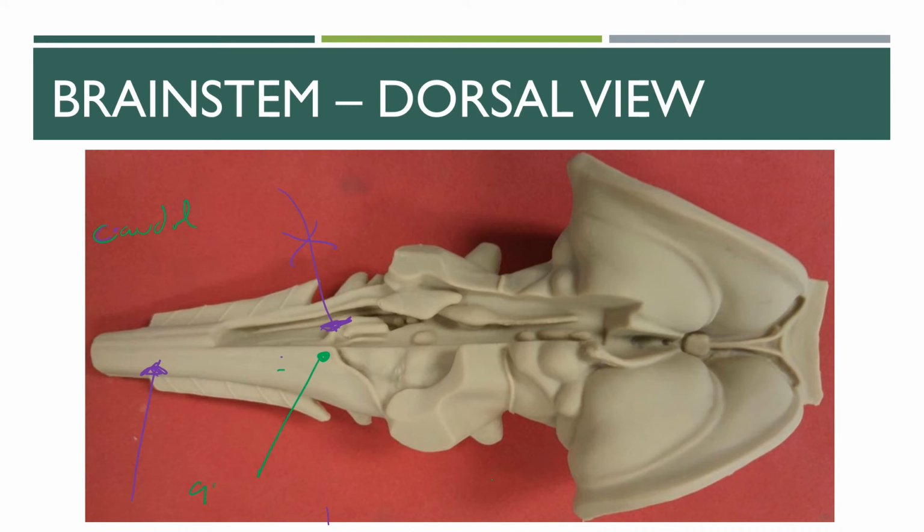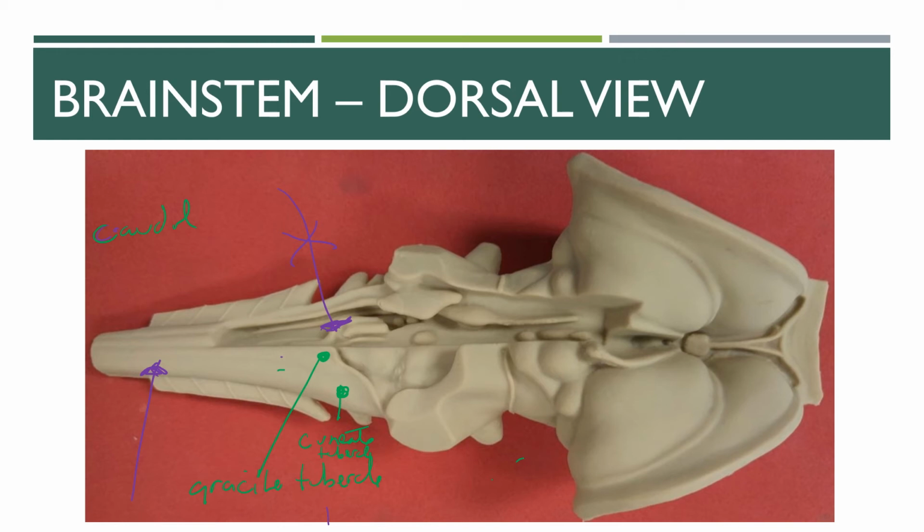This is going to be the gracile tubercle, where the cell bodies are located. Right next to that is the cuneate tubercle.